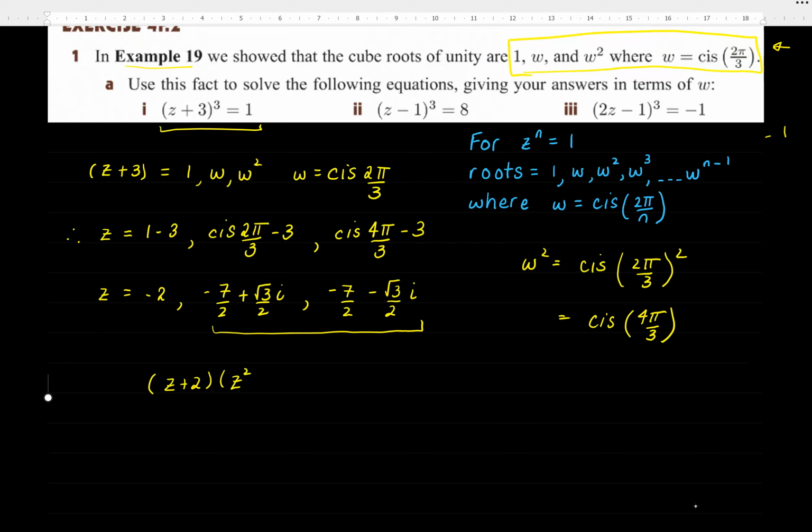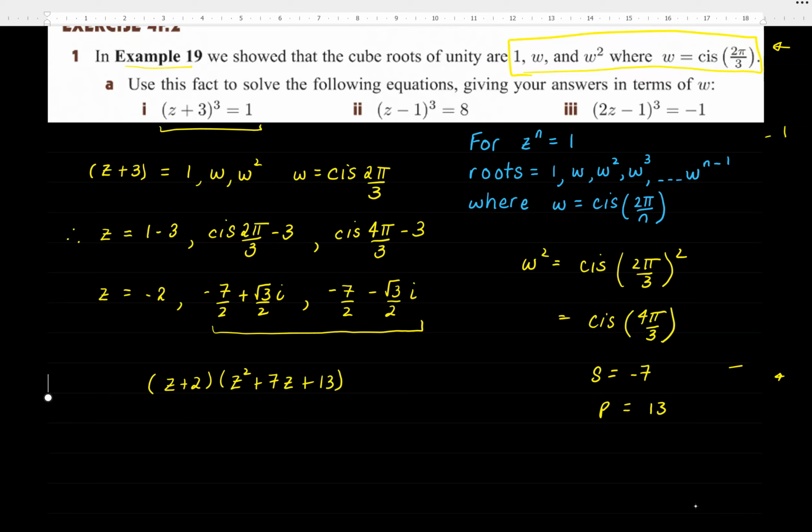Now the sum of minus 7 over 2 times 2 would be minus 7, so that becomes plus 7. And the product, and you can check this on your calculator, would be 13. 7 over 2, so 49 over 4 plus 3 over 4. Yep, 13, so we get plus 13.